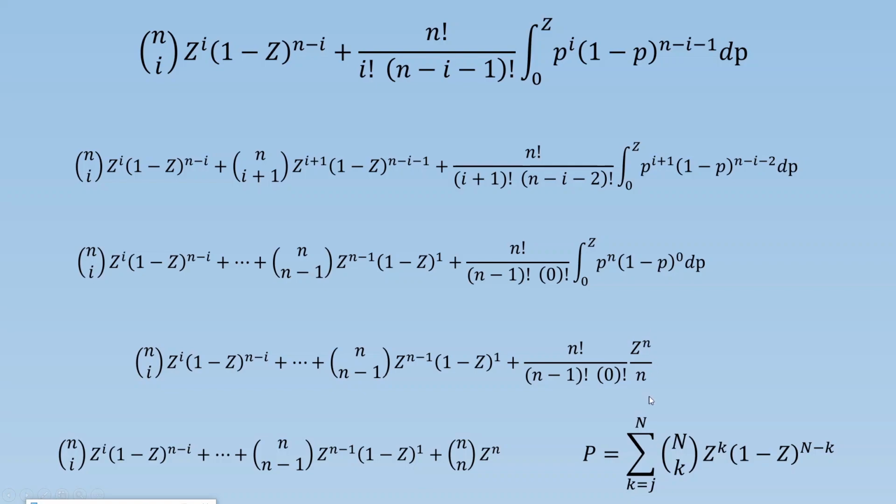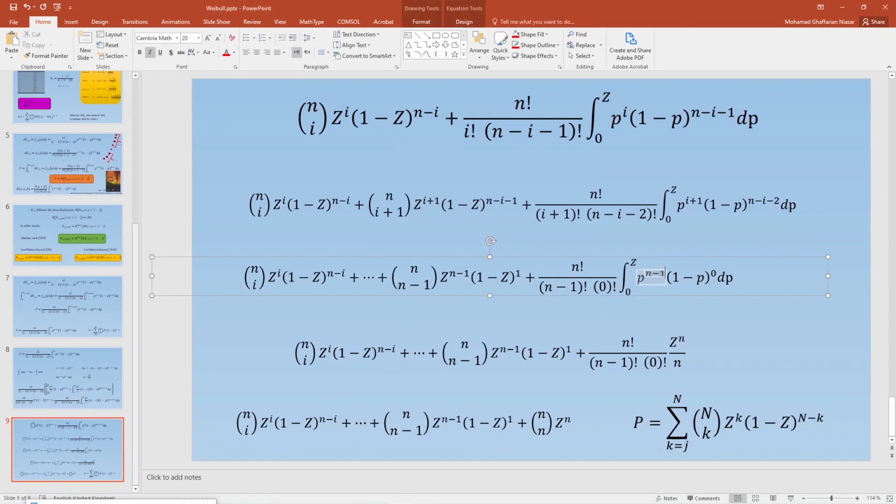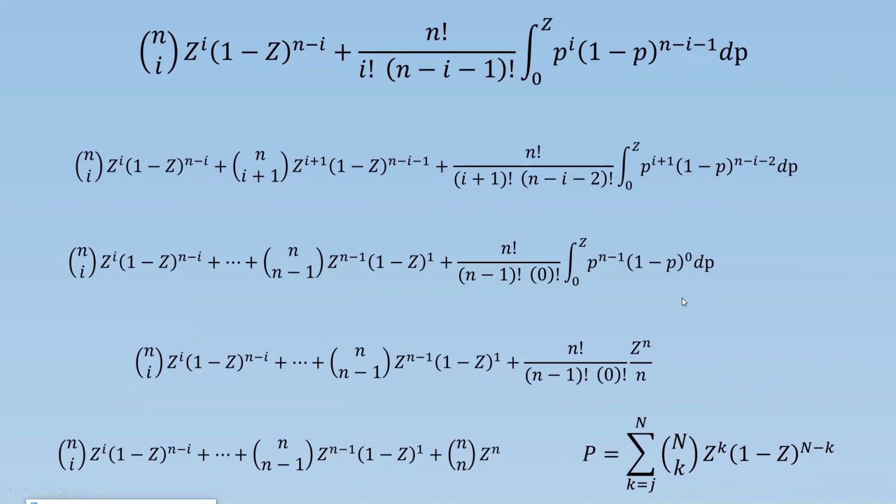There's a little bit of a mistake here. This should be minus 1. This is correct. Okay, so after taking the integral, this becomes z to the power n divided by n. So this one with this disappears, so this is 1. But instead of writing 1, we can write n out of n, z to the power n.